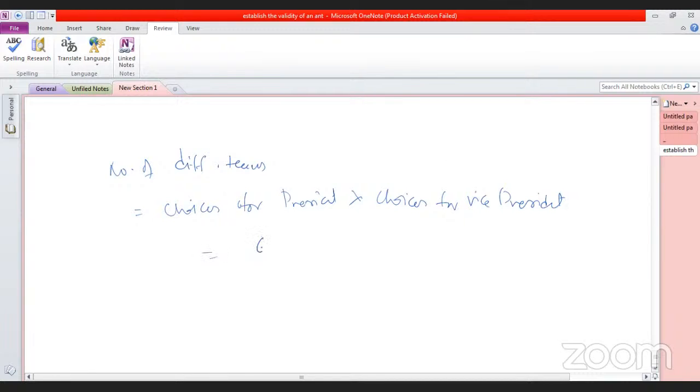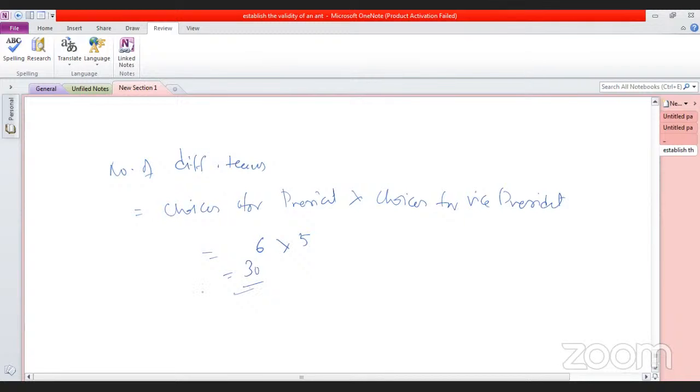The first choice is 6, then 5 choices are left for the vice president. Why? Because one has already gone to president, so the remaining is only 5. Therefore the number of different teams is 30.